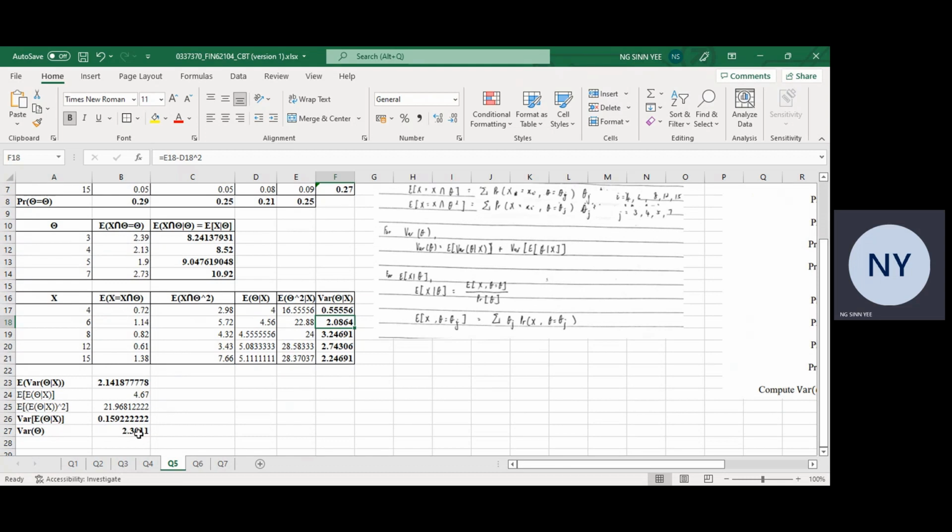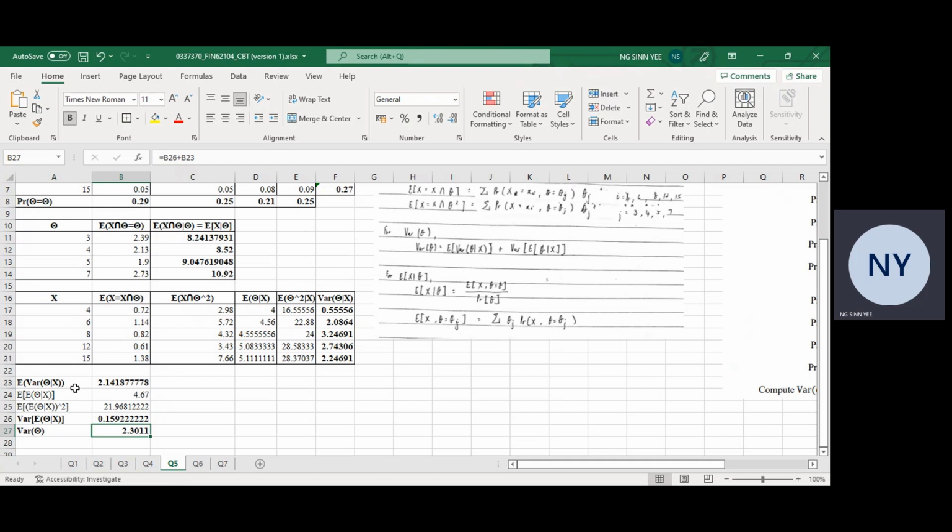Finally, we will be finding the variance of data. It's relatively easy with all the information we have found above.